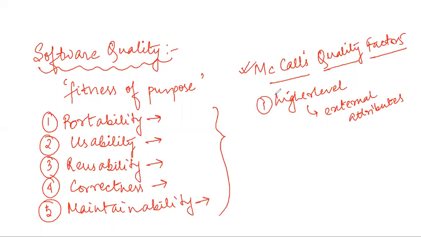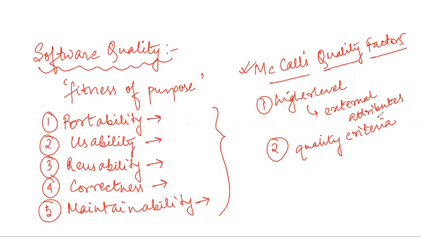and another is the second level. The second level is known as quality criteria. So among these attributes in determining the quality of a product, this scientist McCall distinguishes them into two levels.